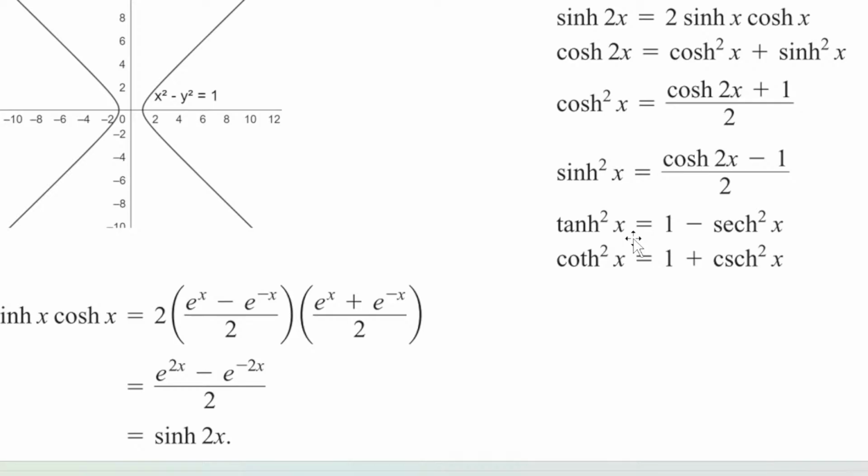Done, sir. Got the derivative of tan h inverse, ma?